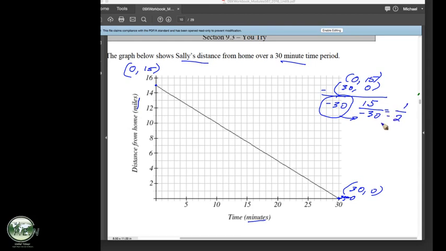And so the negative means what? She's getting closer to home. If she were going away from home, it would have been positive. So it's a negative change. It's going down. The miles are going down. What are the units on our slope? Miles over minutes. Miles per minute.